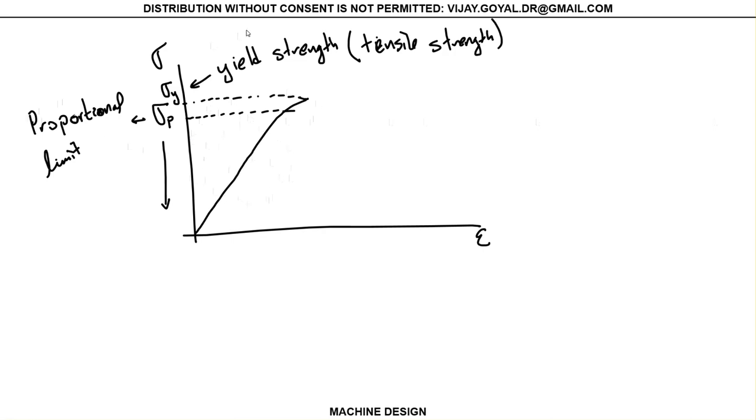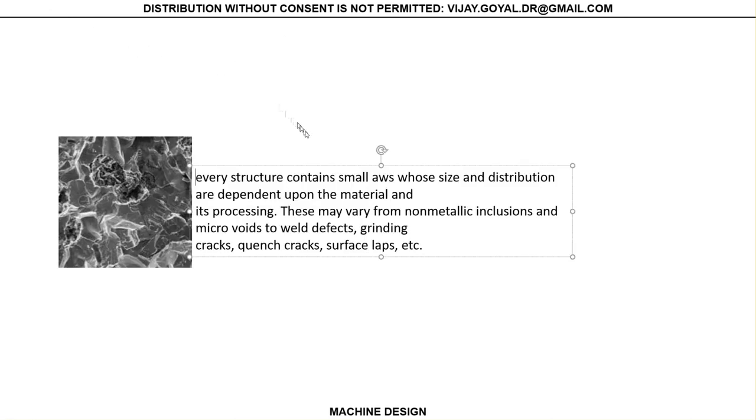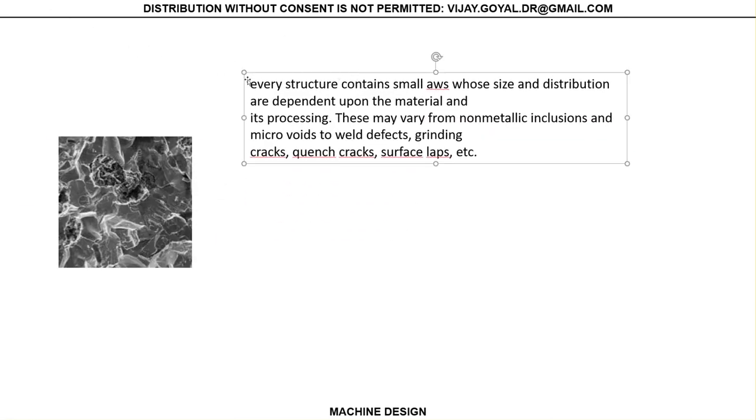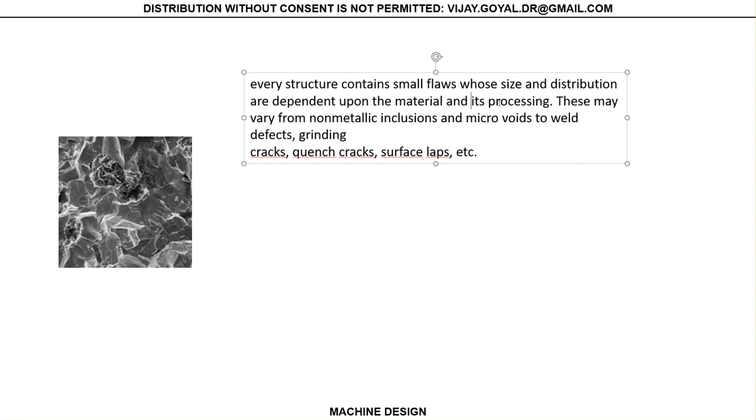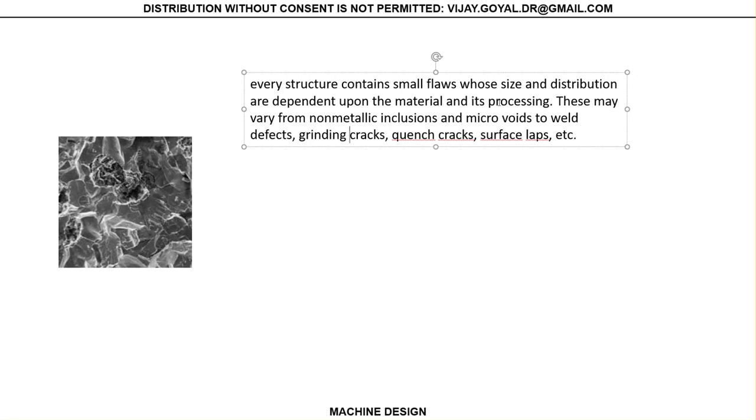Let's start with some definitions. If you want, you can pause your video and take notes on these definitions. Basically, every structure is under this basic assumption: every structure has some sort of crack, some sort of flaw.